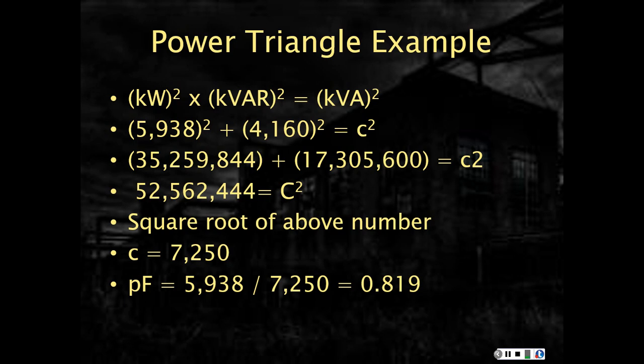Once we have that, we can take the real or working power, divide by the kVA, and get the power factor for this particular situation, which in this case is 0.819. As you remember from our previous discussion, this is borderline acceptable to most utility companies. Once we approach 0.8, the power company is going to start charging an extra penalty for a poor power factor.